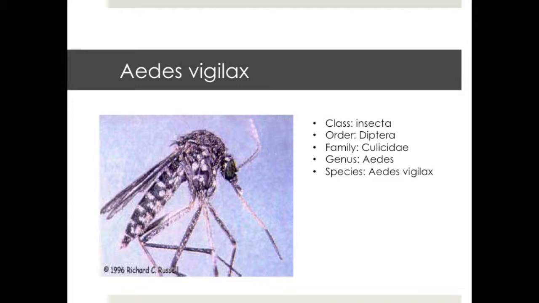The difference between the Culex and the Aedes is that the Culex annulirostris, especially the females, have dark scaled proboscis, whereas the Aedes vigilax have pale scaling proboscis.